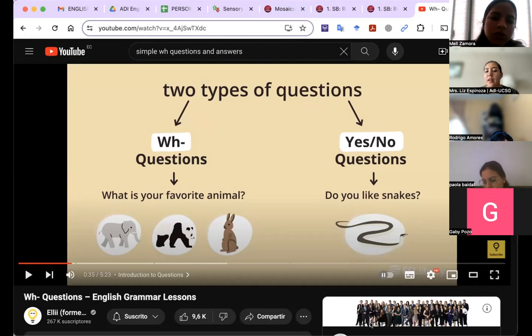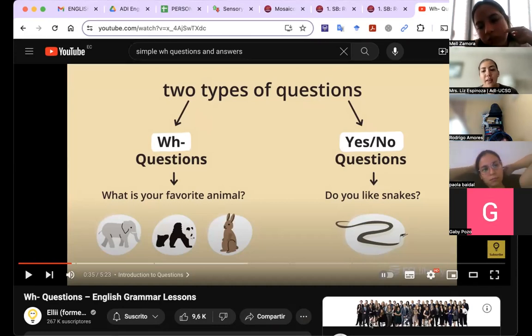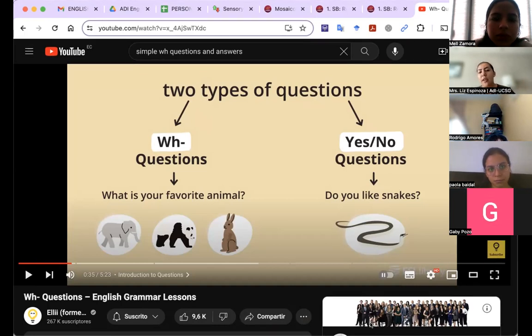So when you see that the question starts with a WH word, you need to answer depending on your opinion or your likes or dislikes or the information you have. But in the case of yes or no questions that start with do, did, and some other auxiliaries, you have to say, yes, I do, or no, I don't, or yes, I did, or no, I didn't, for example. Okay, so let's continue.